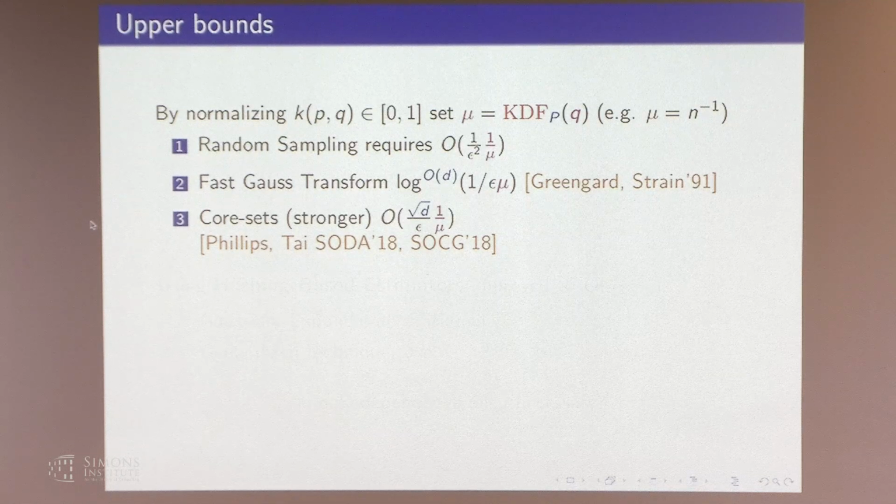On one hand, the dependence is logarithmic in 1 over mu, but unfortunately, these methods behave very badly as the dimension increases. Very roughly speaking, they are based on hierarchical space partitions and doing something clever with the distribution of data with respect to these partitions, but they scale very badly with dimension.